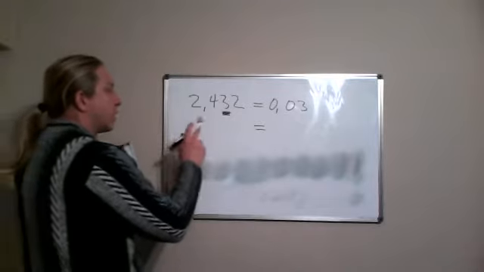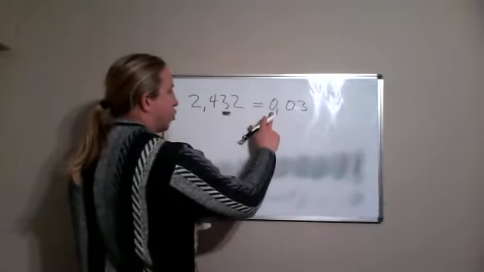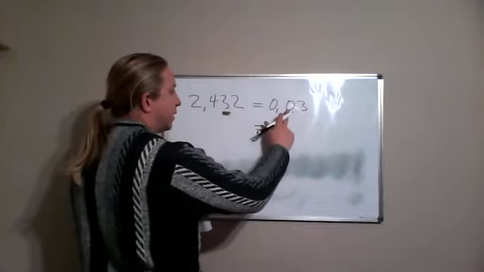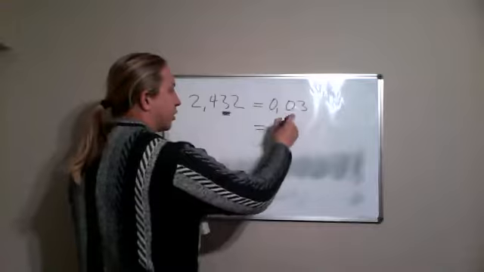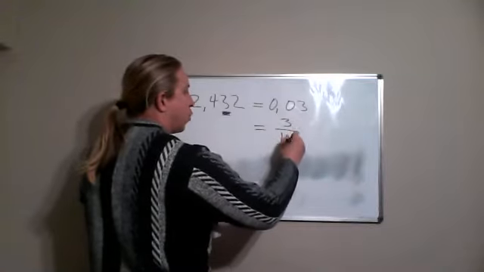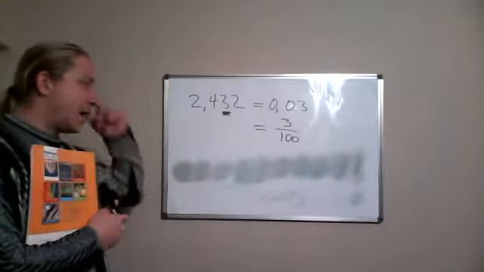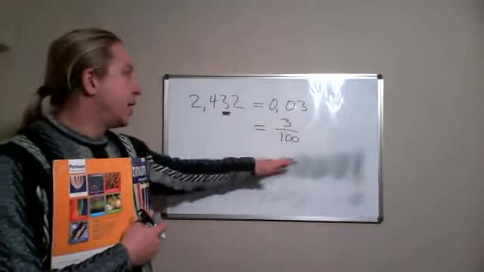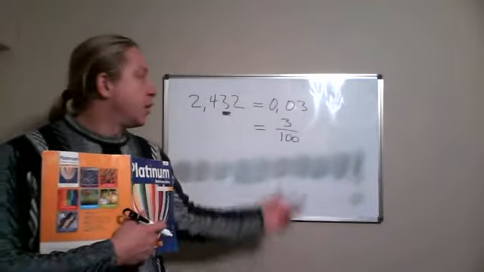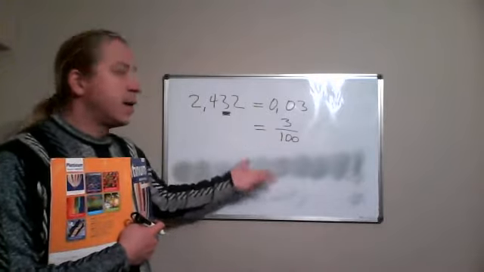Okay, how do we do that? Well, we have no whole parts, we have 0 in the tens, and we have 3 in the hundreds. So this is 3 over 100. Okay, I'm suspecting they want us to do this rather than that. But if you want to, you can do both. You can go from here to here. That's also okay.